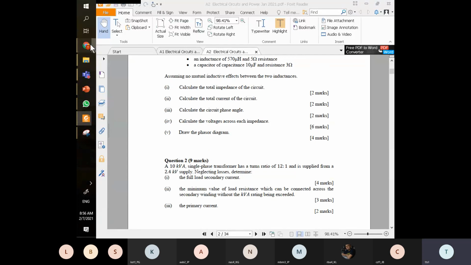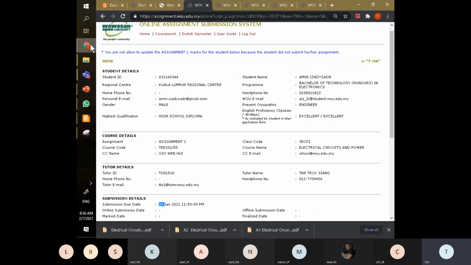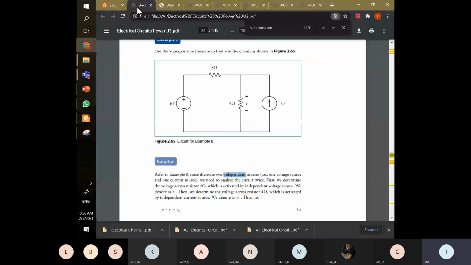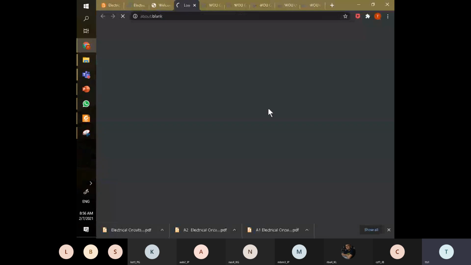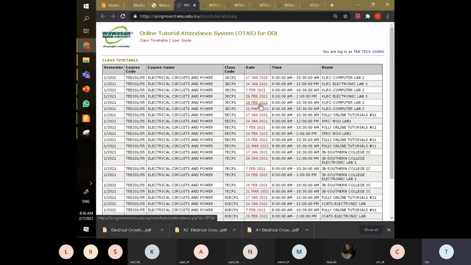Let me check. Before the 6th of March, do we actually have time for Unit 3 or not? 20th of February is our second lab, a 6-hour lab session. And then 1 week after, we have another session.